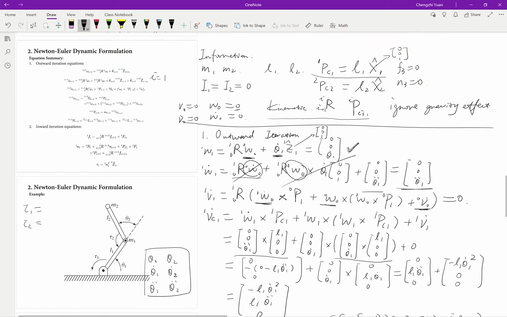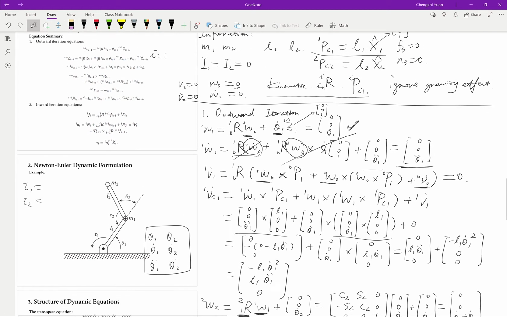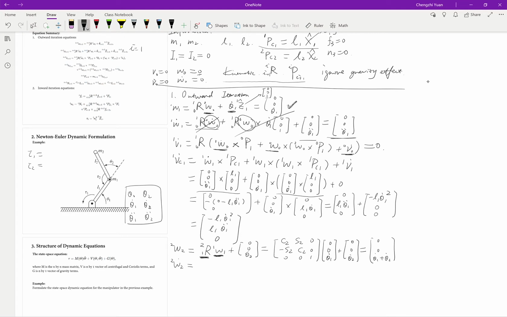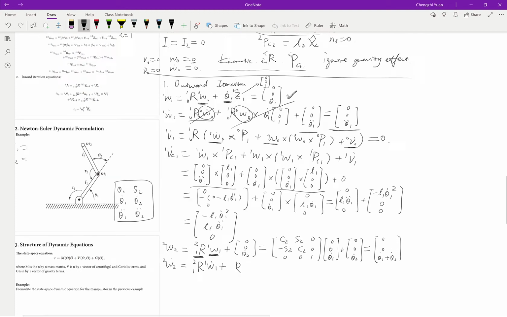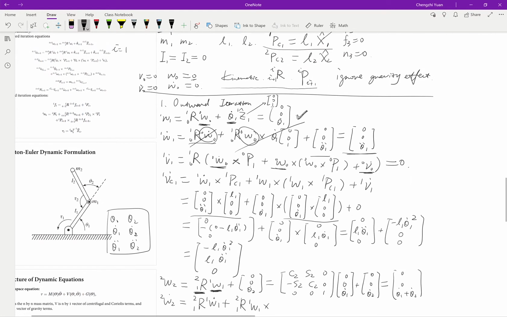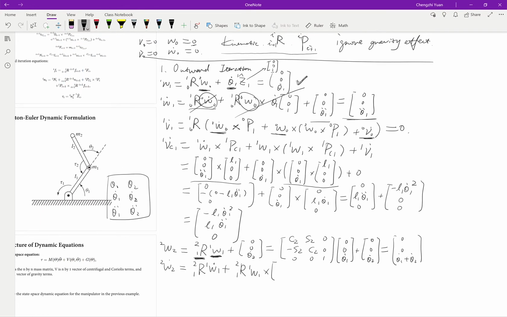Okay, so using the second formula over here, we can have omega 22 dot equal to the rotation matrix R21, right, times the omega 11 derivative, plus the rotation matrix R21 times omega 11 cross product, right, cross product with 0 0 theta 2 dot.